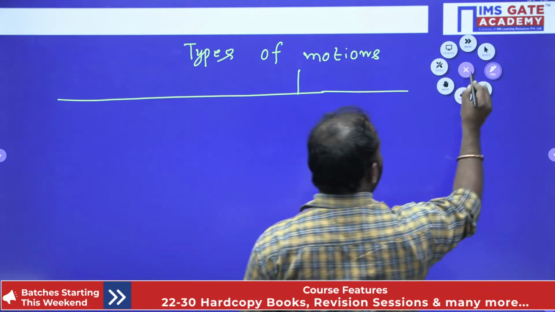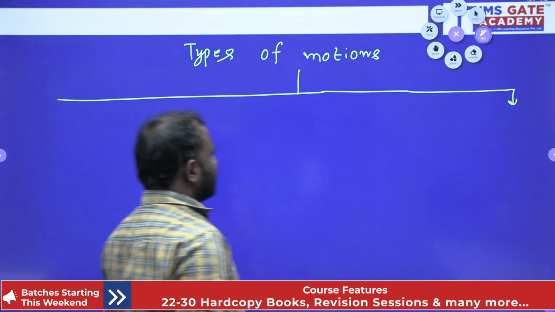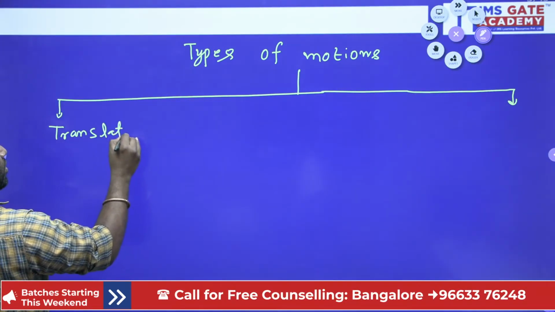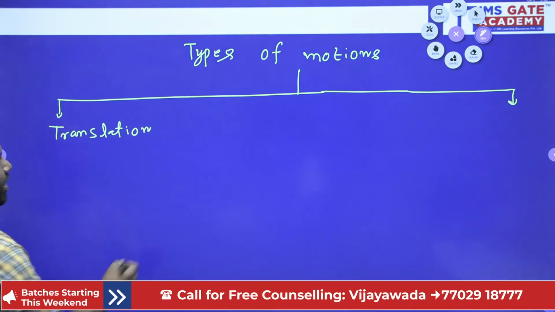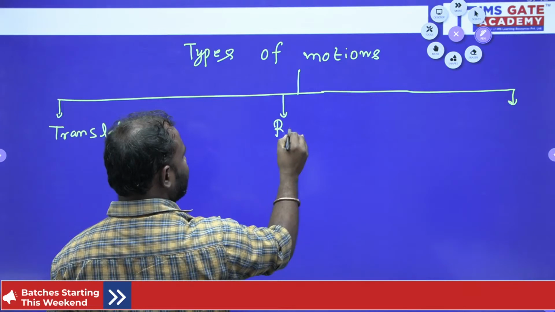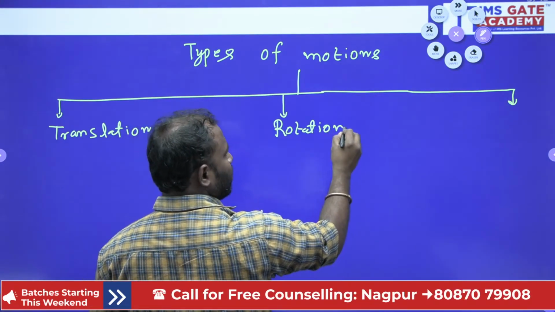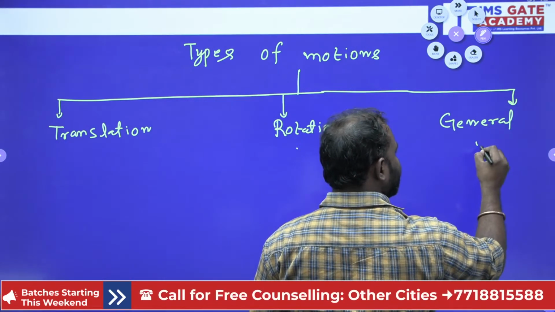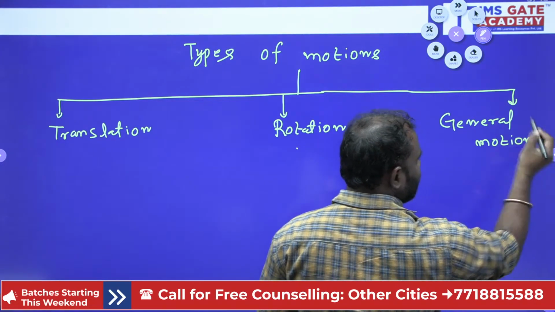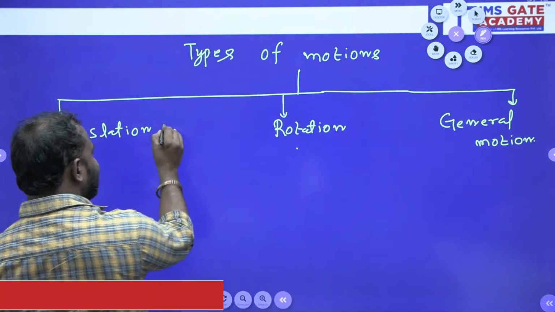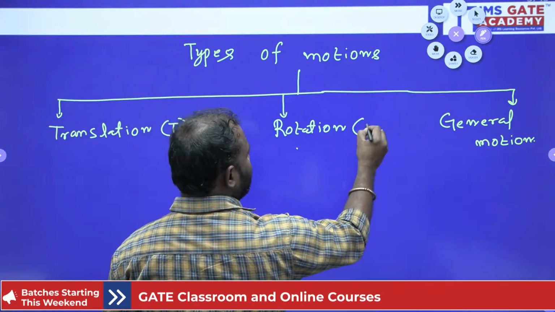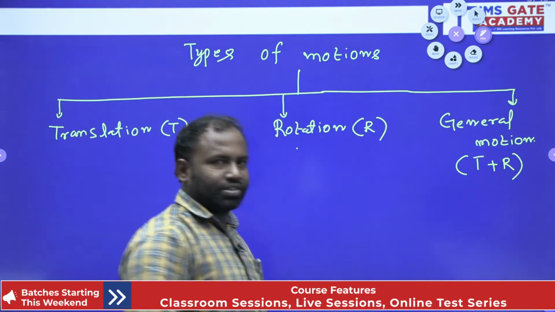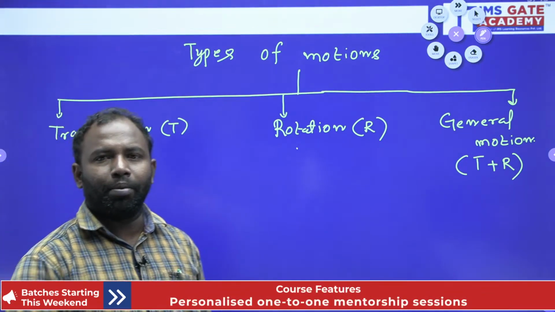There are three types of motion. The first one is translation motion, the second one is rotation motion, and the third one is general motion. Translation motion we indicate with T and rotation motion with R. General motion is a combination of rotation as well as translation motion. Clear everybody? I hope everybody understands.